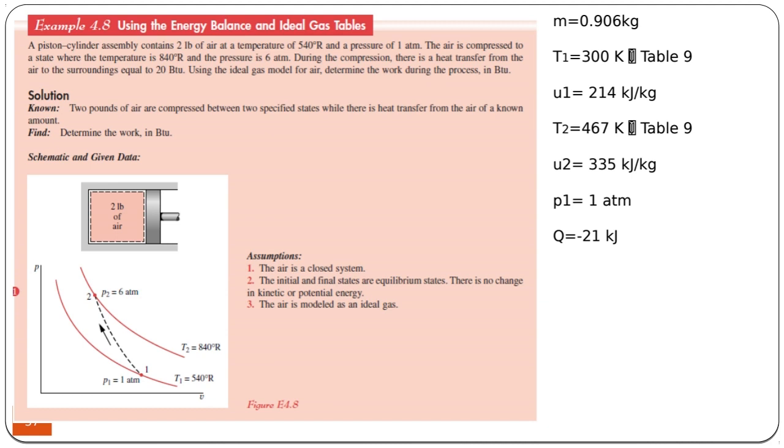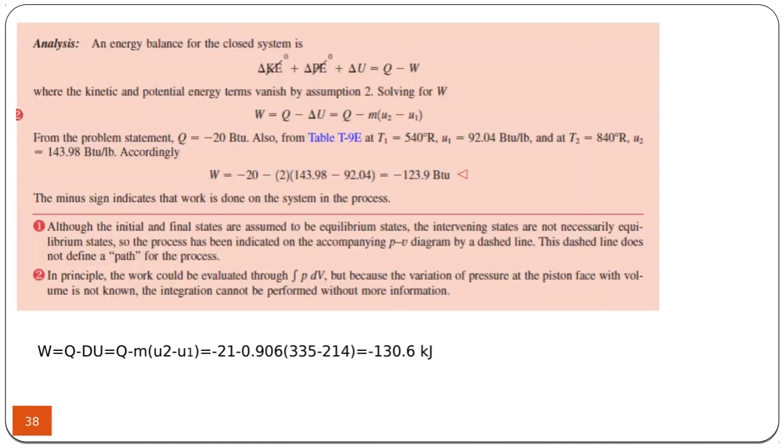It also says that during this process, the cylinder is losing some heat of 21 kilojoules. Minus sign means that there is a loss of heat energy, so that when you write the conservation of energy, Q minus W is equal to delta U, only because we assume that there is no change in kinetic and potential energies.